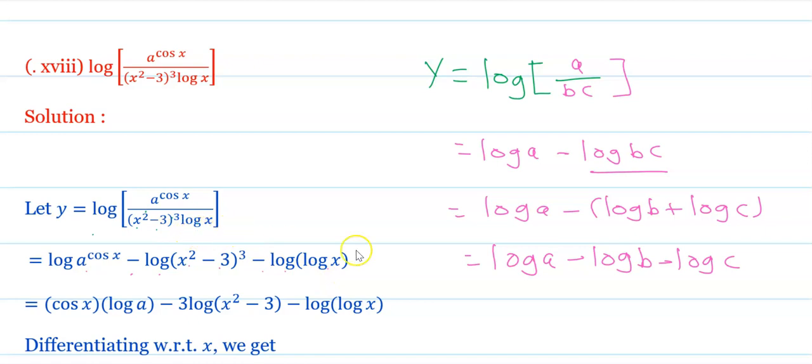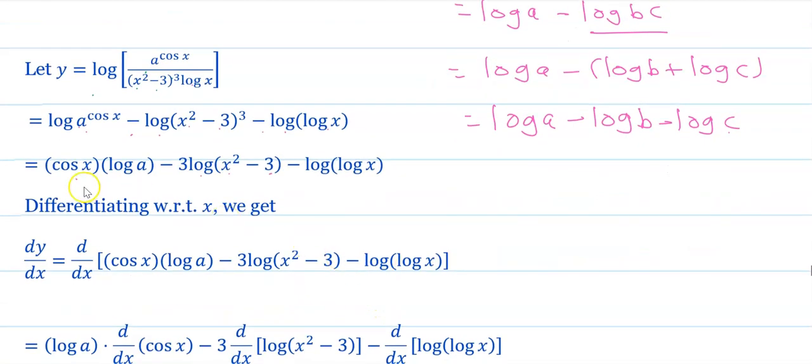Minus log of log x, where c is log x. Therefore, minus log of log x. Next, log of a raised to cos x means what? m raised to n can be written as n times log of m. So cos x into log a minus 3 log of (x square minus 3) minus log of log x.